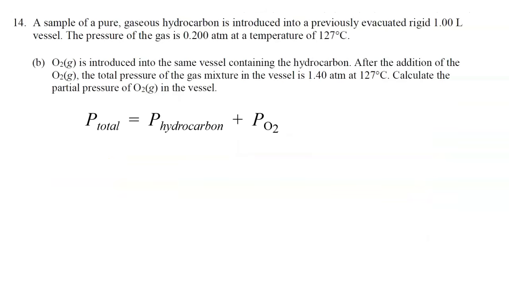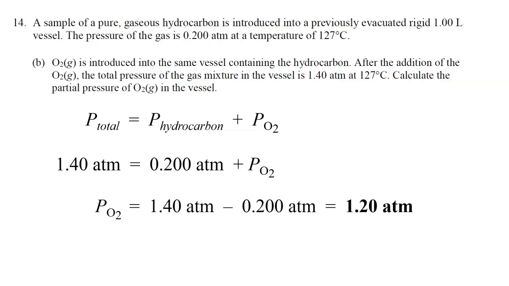So if the total pressure is 1.40 atmospheres, and that is the sum of the partial pressure of the hydrocarbon, which we have already determined is 0.2 atmospheres, then let's just subtract these two numbers to get the partial pressure of the oxygen gas. So 1.4 minus 0.2 gives us a value of 1.2 atmospheres. That is the partial pressure of the oxygen in the vessel.